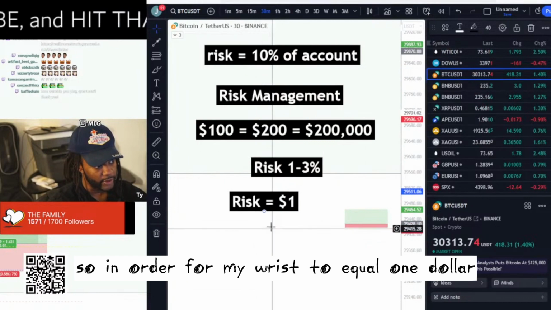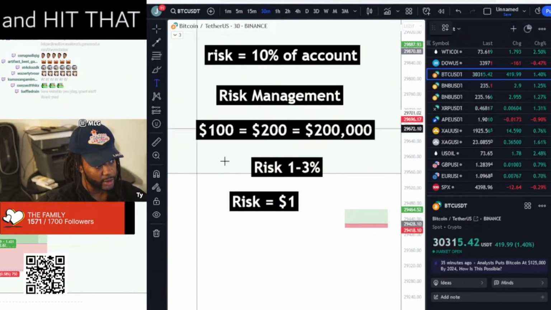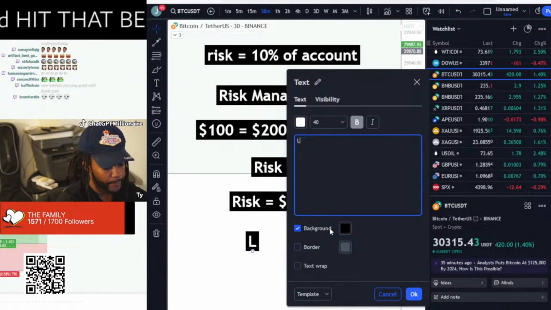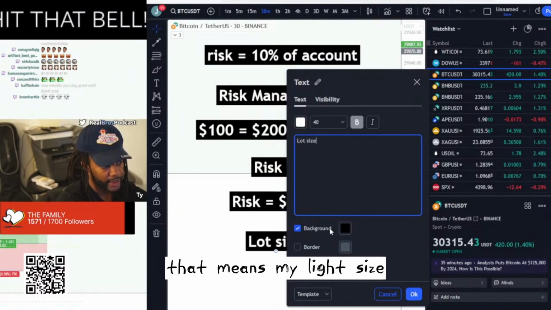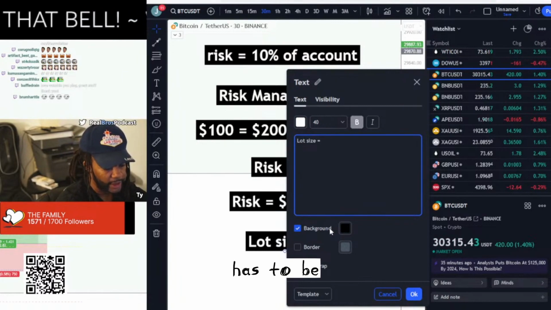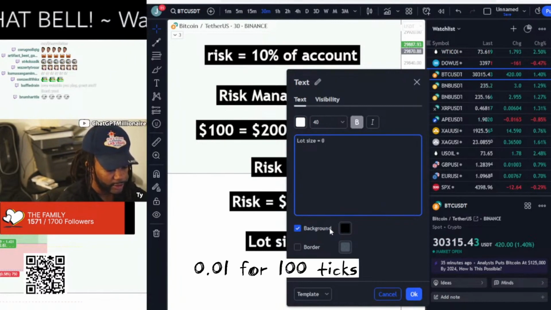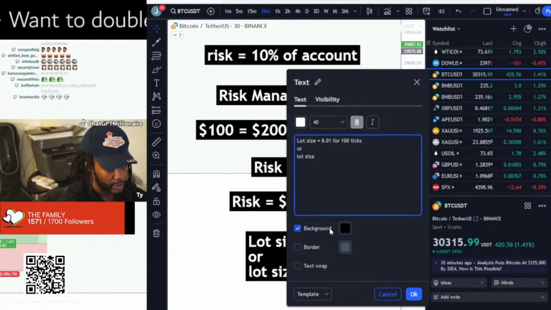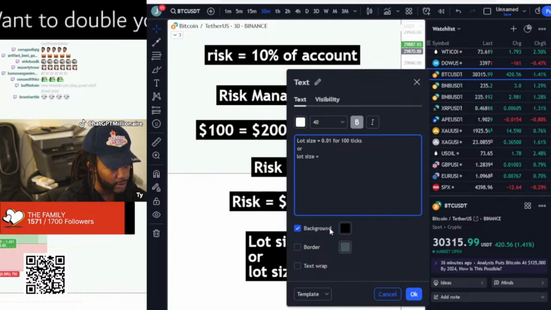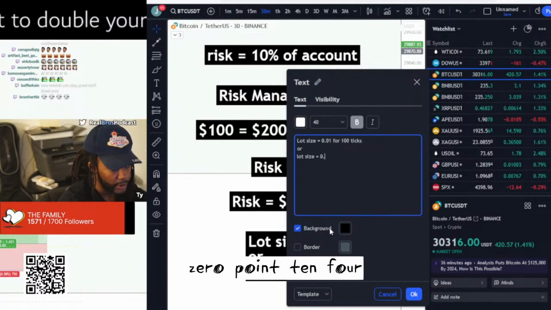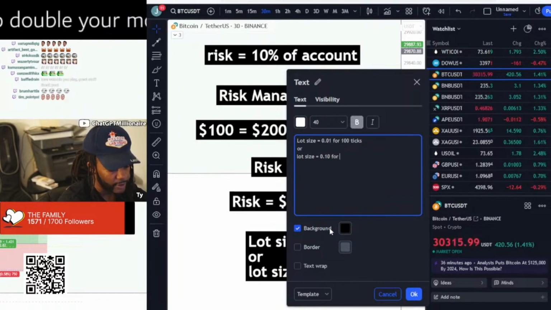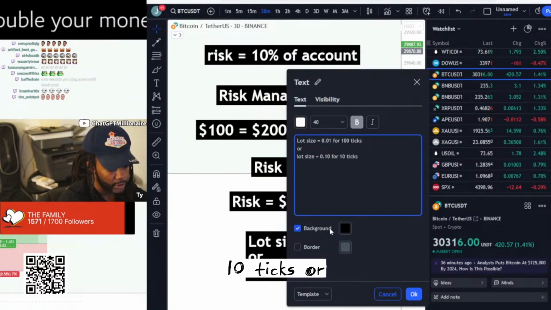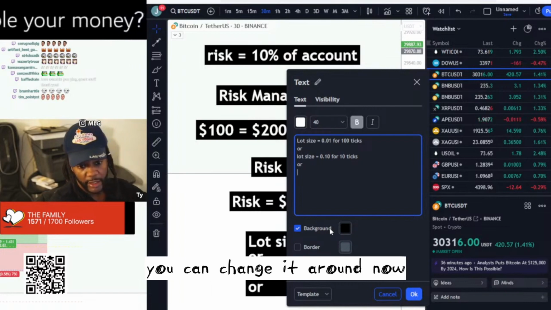So in order for my risk to equal $1, that means my lot size has to be 0.01 for 100 ticks, or lot size can equal 0.10 for 10 ticks, and you can change it around now because now you guys know the math.